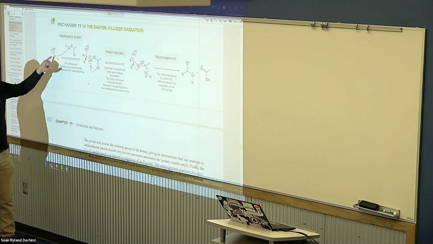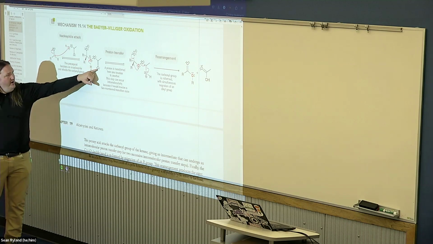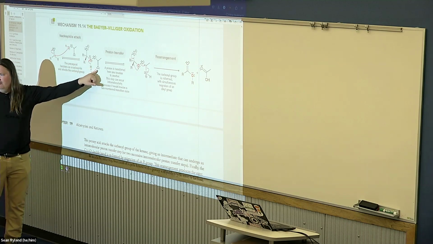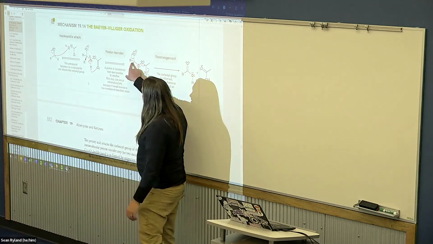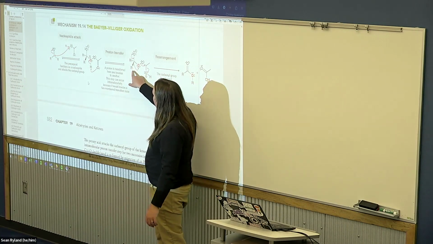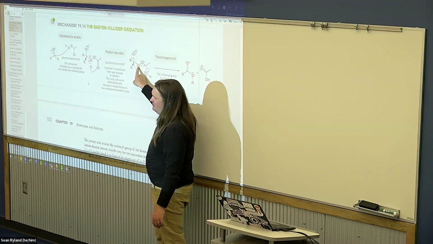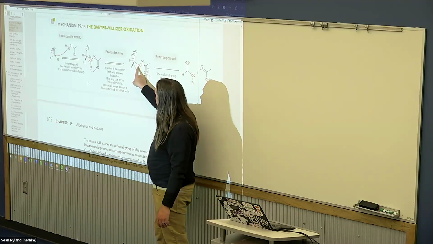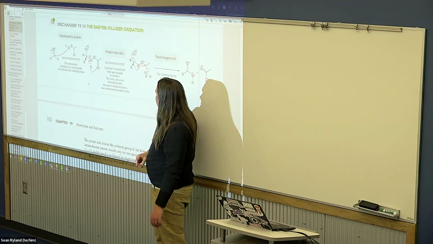So basically the nucleophile attacks the carbonyl carbon, and the rearrangement just shuffles the proton over to the other oxygen. We get this intermediate, which then goes through a rearrangement where we shift one of the R groups over to the peroxide oxygen and break the peroxide bond.